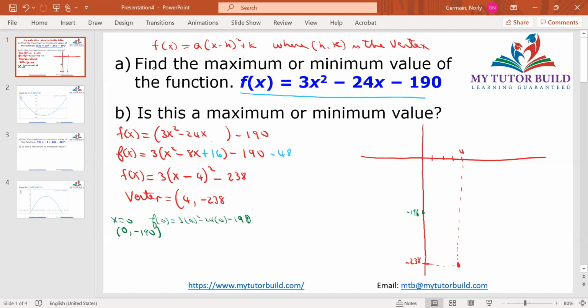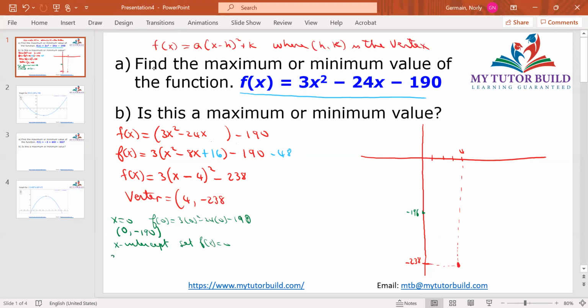Now, the next intercept is the x-intercept. To find the x-intercept, you set the function equal to 0. So x-intercept, remember that, you set f of x equal to 0.